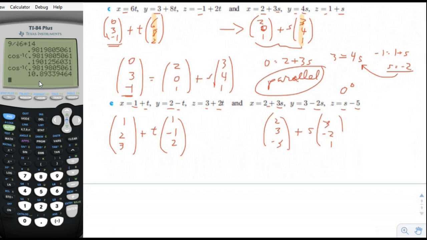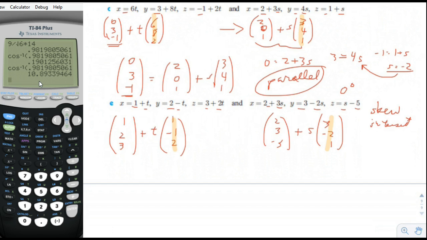And if you look at these two direction vectors, they are not parallel. They don't look like they're multiples of each other. So we're either going to be skew or intersecting. So let's see if we intersect.